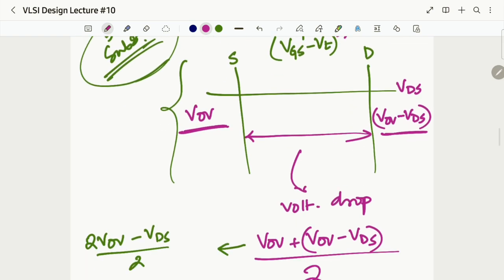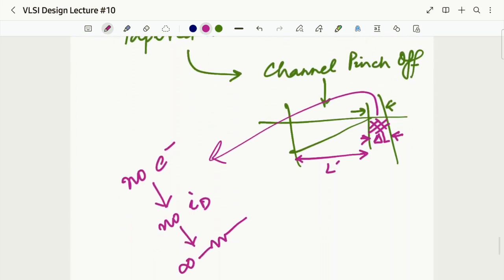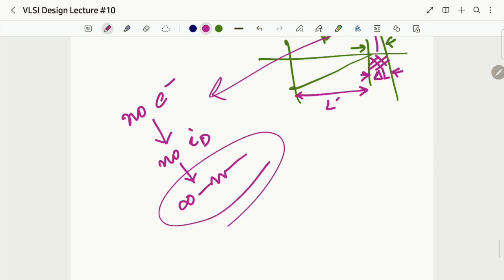But my channel tapers and my channel pinches off, and there should have been an infinite resistance over there because we have moved into depletion region. Then how is this possible? We'll see that in our next class.